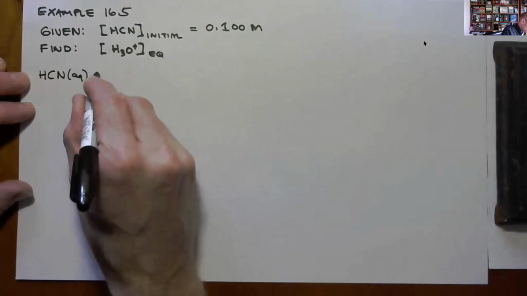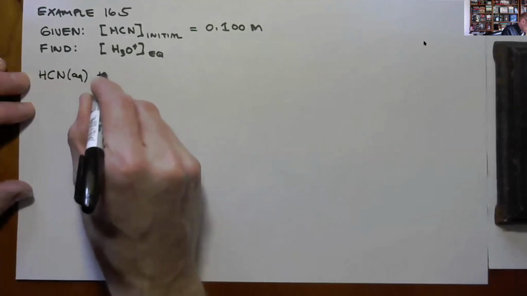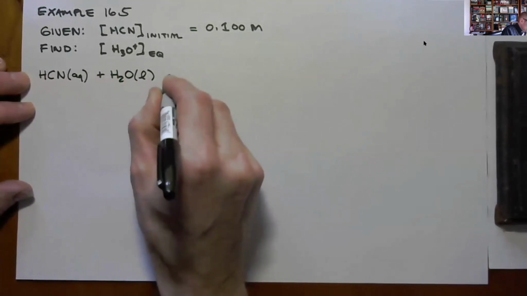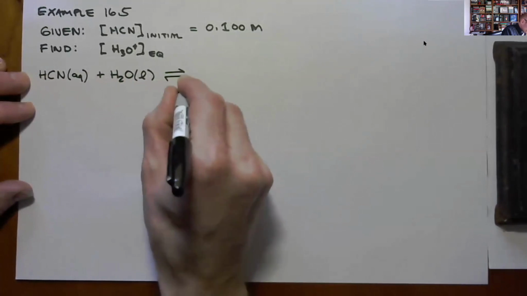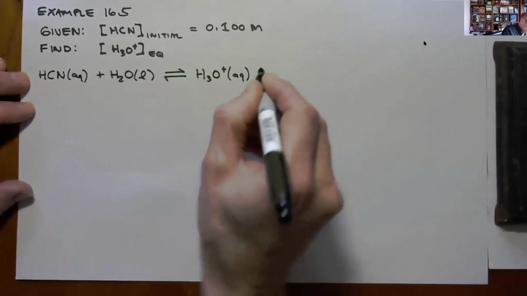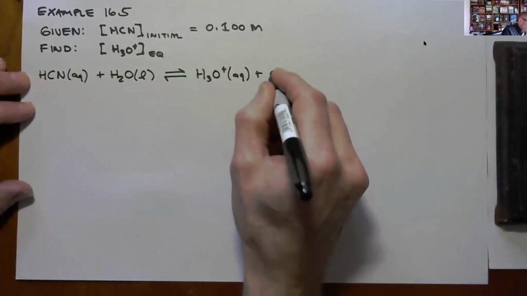And what is going to happen? Well, this dissolves and then it reacts with water and proceeds to equilibrium, generating hydronium and the conjugate base, cyanide.